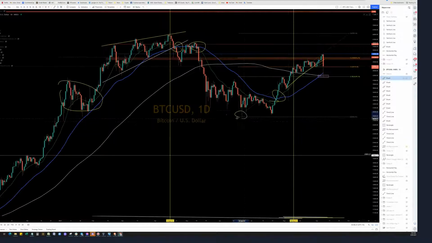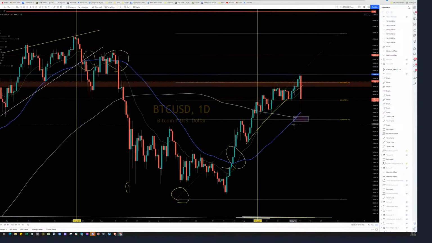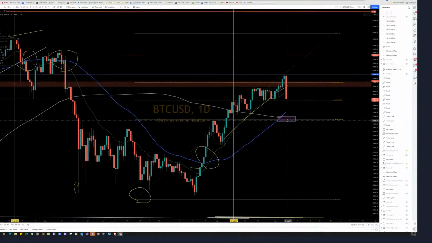But I did buy around here. I really wanted to go long on the last one with nice leverage, and I missed out on that one. Sometimes it's just not meant to be. But you can see that the 50 also came into this zone.